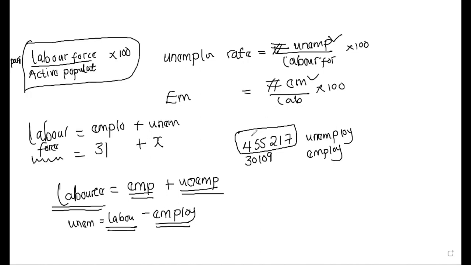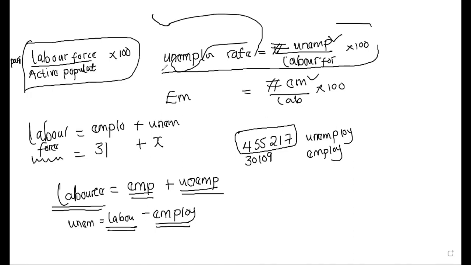Okay. So all that you need to do now is just replace this formula. Are we okay? And that is all. To find the unemployment rate, you say the number of people that are unemployed is 455,217, divided by the total labor force.